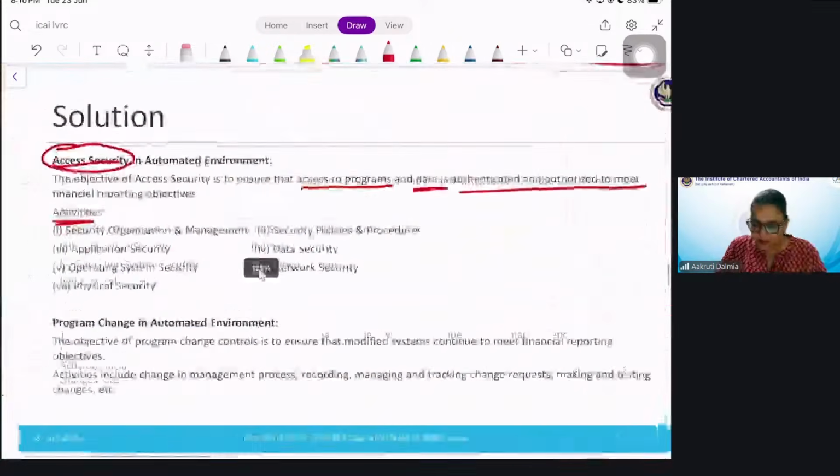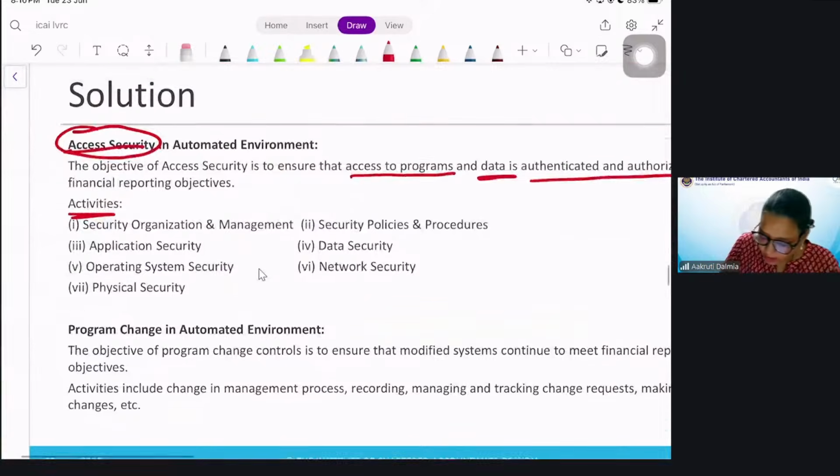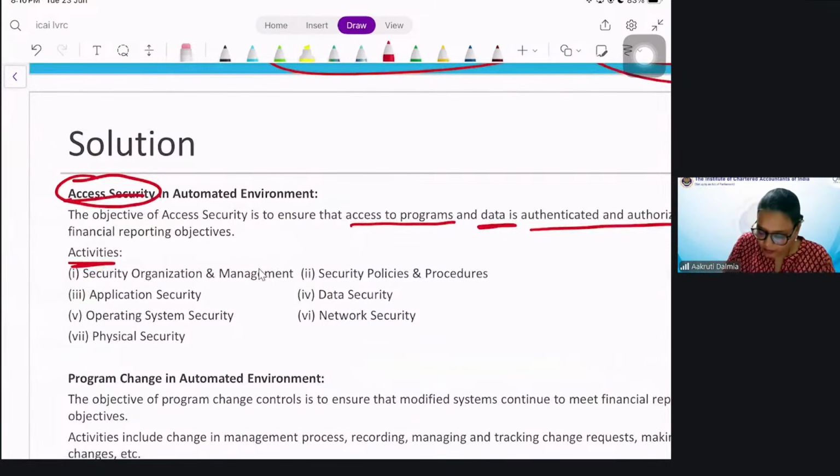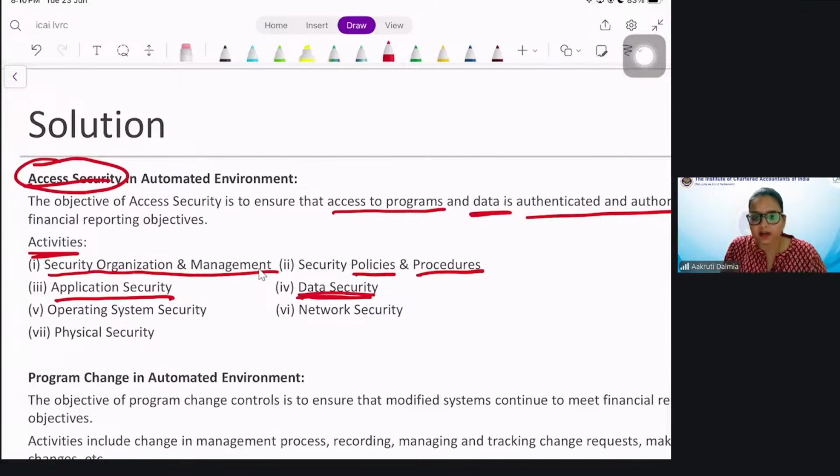So this is given in the book clearly. So at bank level, you imagine there should be a proper security organization and management. There should be proper policies and procedures. There should be proper application, meaning individual application security. There should be data security, so that the data of the customers does not leak. There should be operating system security. So what does it mean?